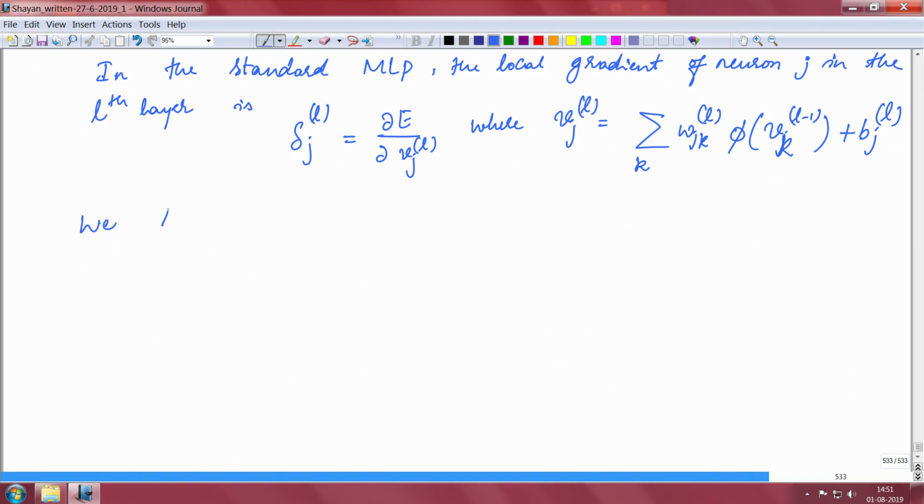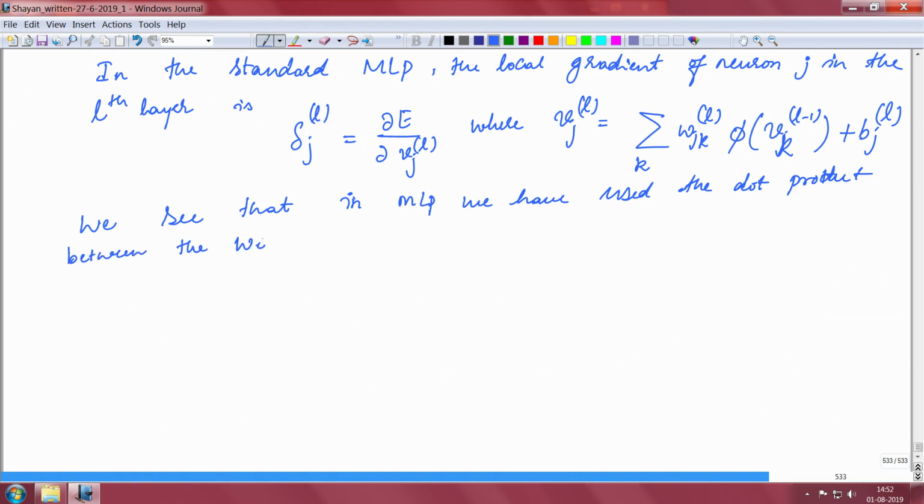We see that in MLP we have used the dot product between the weights and the activation function.